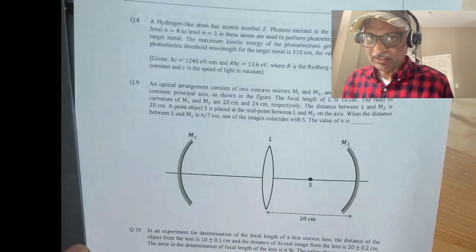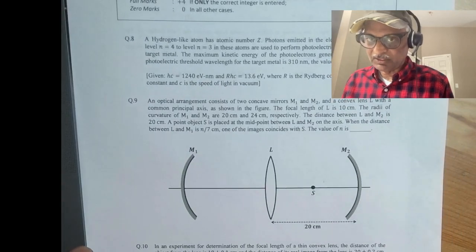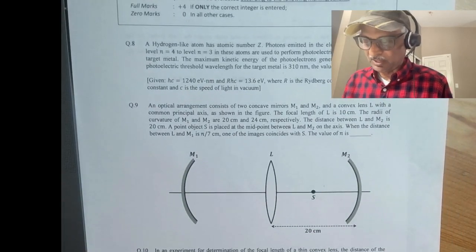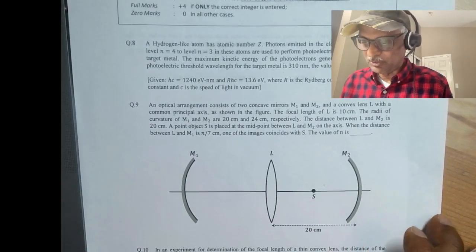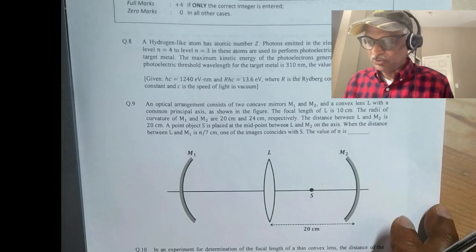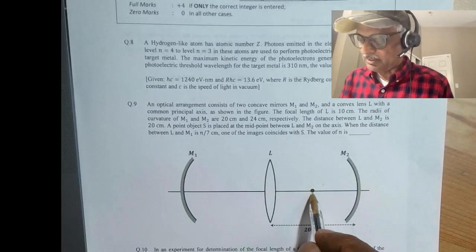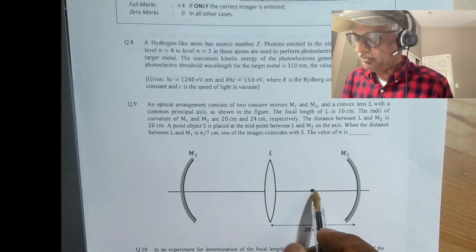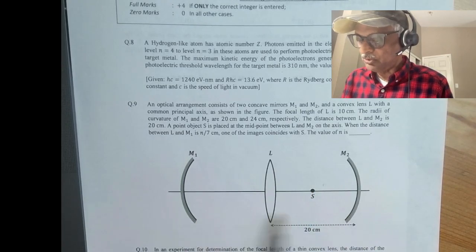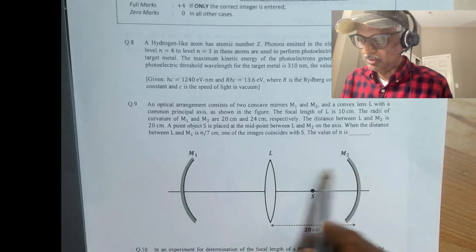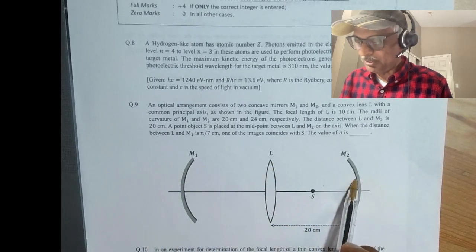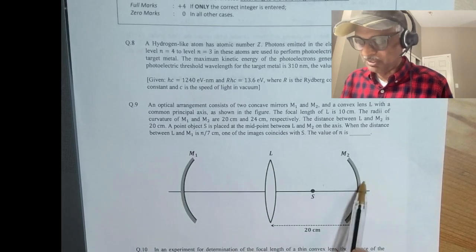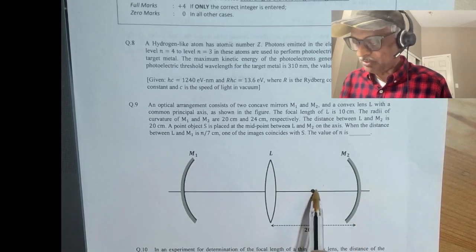There are multiple answers possible, but any one of the answers will be good. Here is a source of light, and because there are these two parallel mirrors, you're going to have multiple images, and multiple times the images will land up here.